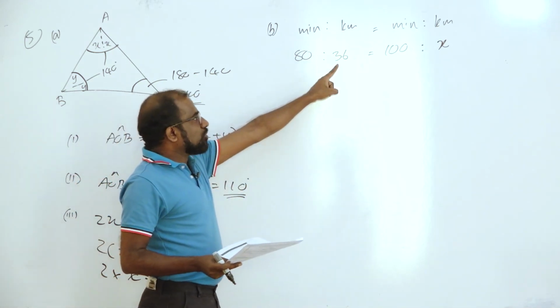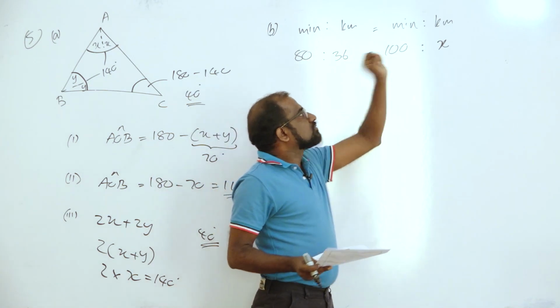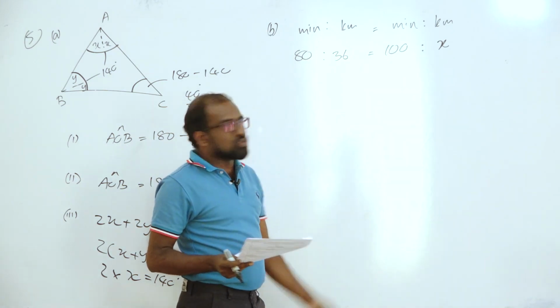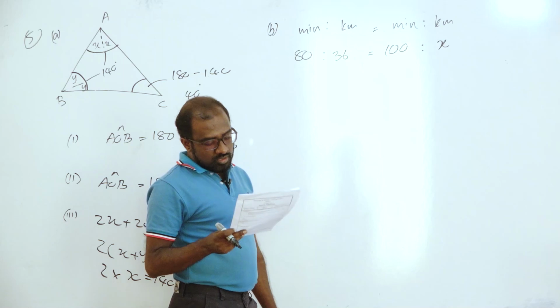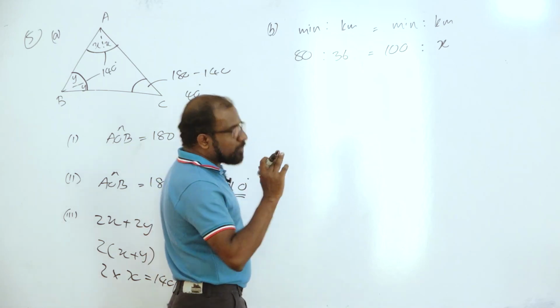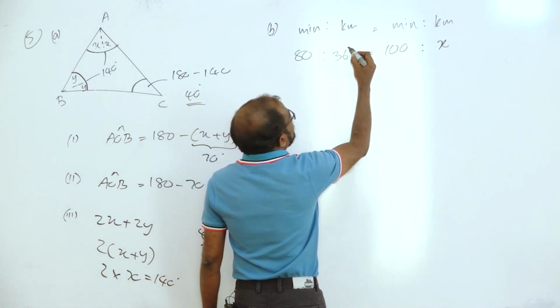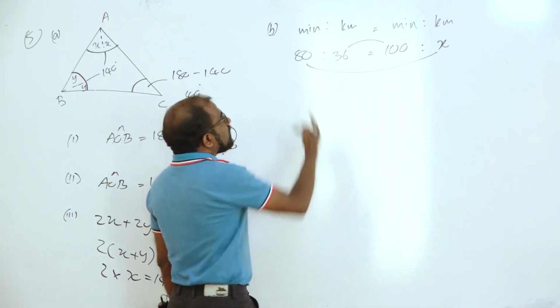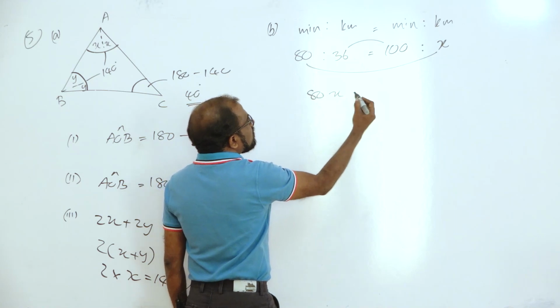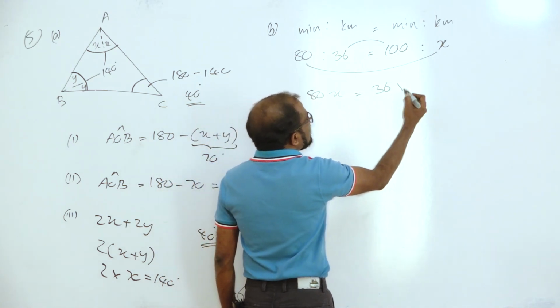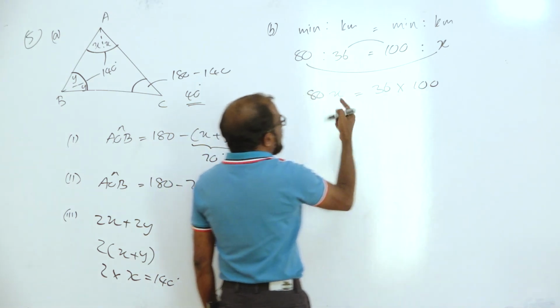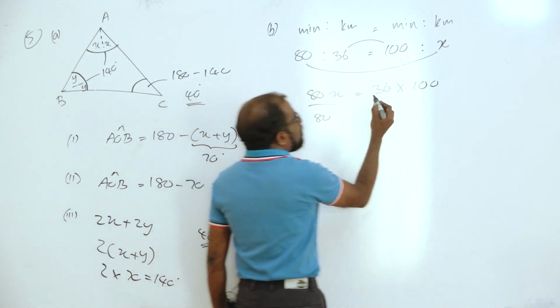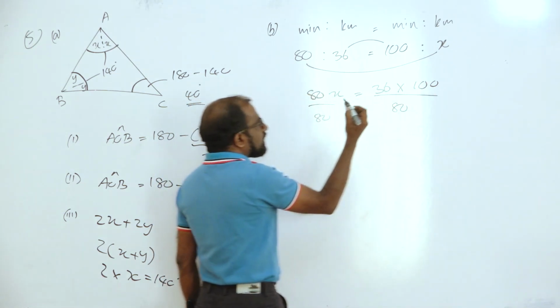80 minutes, 36 kilometers. 100 minutes, x kilometers. So, direct proportion. How should you multiply? 80x equals 36 into 100. To find the value of x, both sides should be divided by 80.